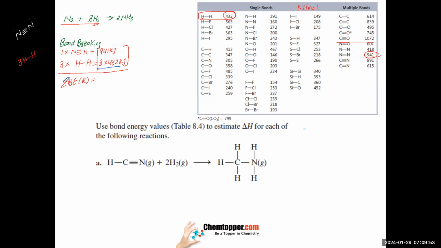Summation means I'm going to add. That's why I'm asking you to add. Work step by step with me. 2237. Thank you very much. 2237 kilojoules. That's bond breaking of the reactants. Good. Now let's do bond formation.